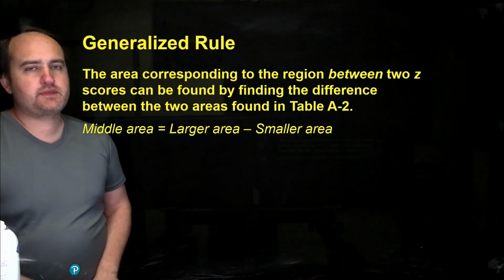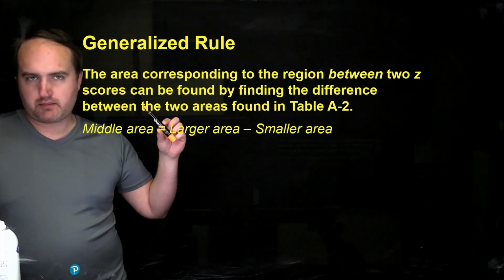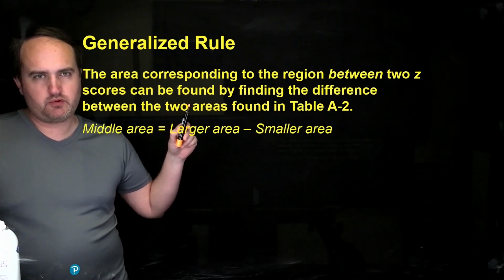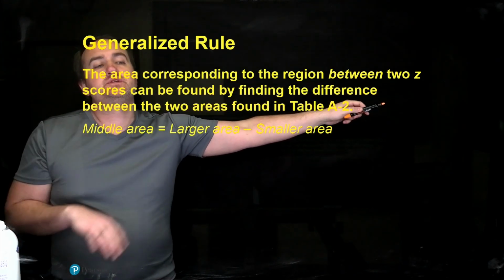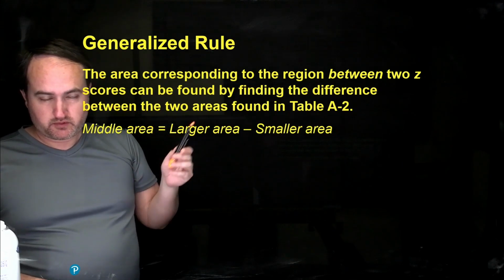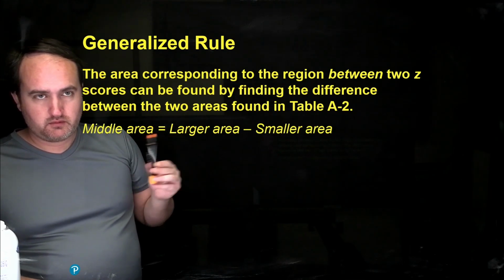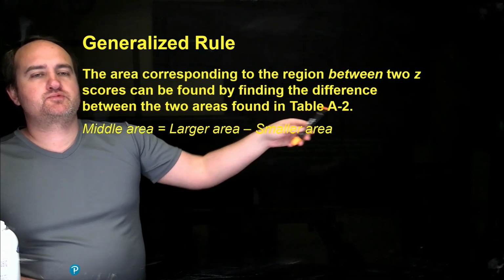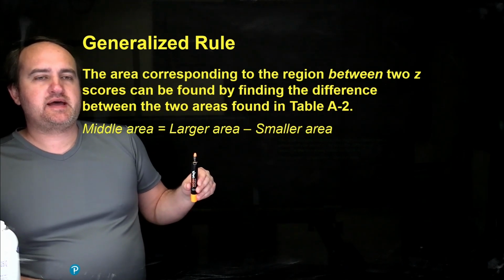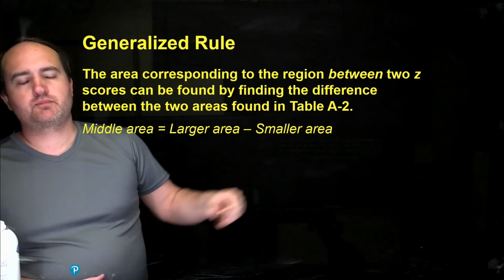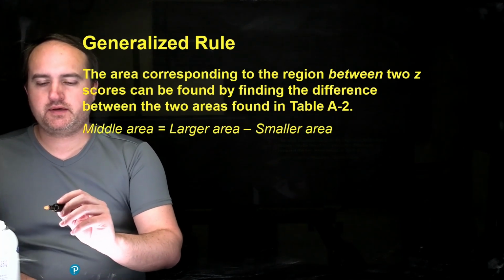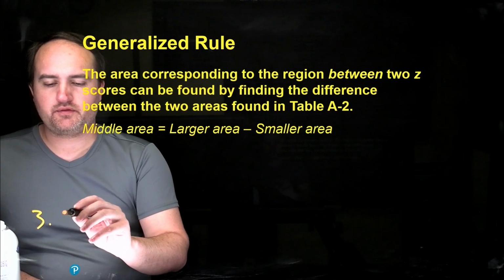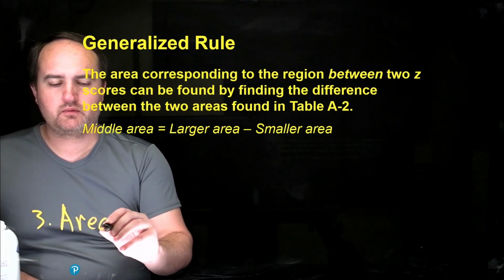And I've taught this many times, so I've come up with a nice, easy, generalized rule to remember. The area corresponding to the region between two z-scores, in other words, the area in the middle, can be found by subtracting, and it has to be the larger area minus the smaller area. So if we're in case 3, I call it the area in the middle.